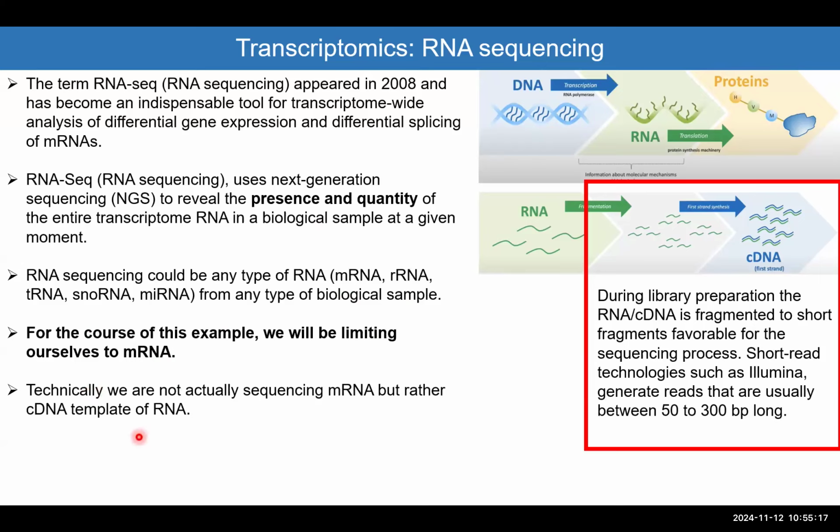And be careful, again, in RNA sequencing, you are not really sequencing the messenger RNA because it's just a mediator. We always convert that into cDNA because that's more stable, and that's the one that we sequence. It will reflect the messenger RNA, but we are not using the messenger RNA per se.